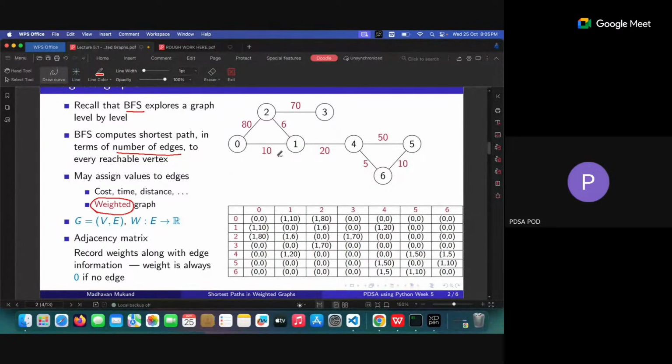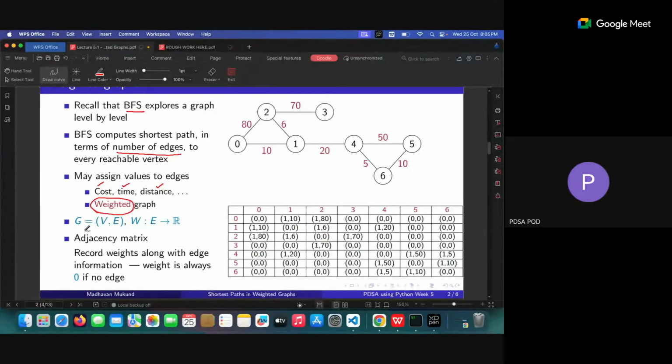We can consider it could be a cost, a time, or a distance. Say you want to travel from one city to another city: what is the fare, the ticket price? That could be a cost. How much time do you require to travel from city A to city B? Then what is the distance between them? So this is a graph.